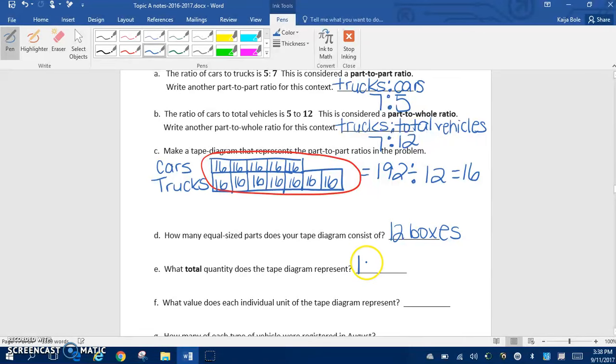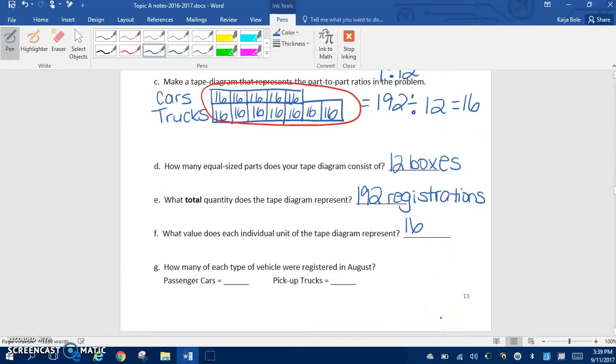That's 192 registrations. Make sure to put a label on that. And then F here says what value does each individual unit of the tape diagram represent? And we found that out by doing 192 divided by 12, and that got us 16.